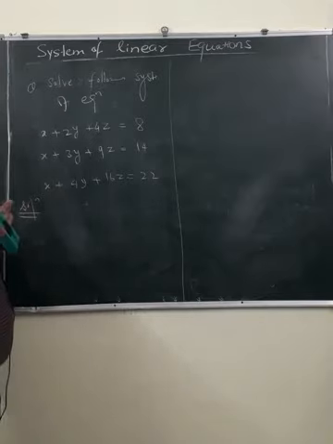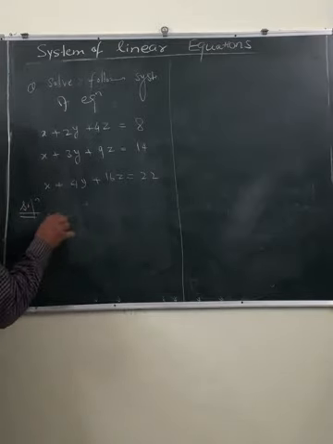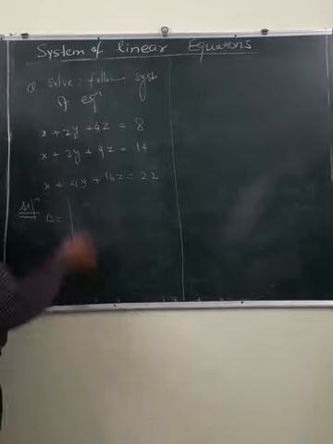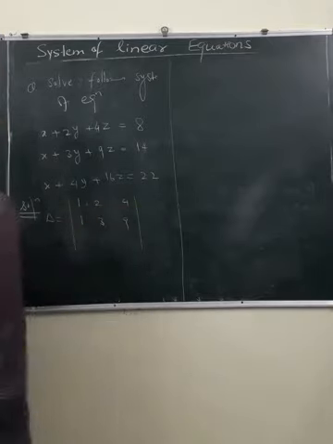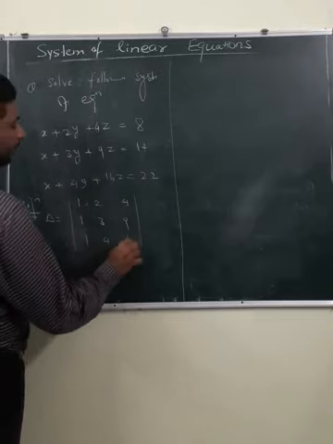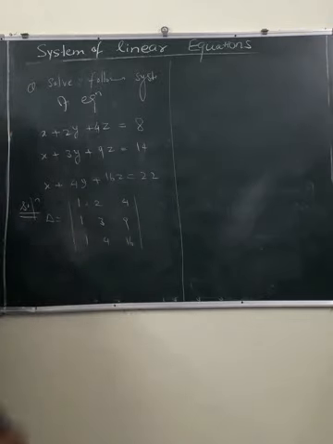What I'll do here, I will find all the deltas. Delta is how much? 1, 2, 4, 1, 3, 9, 1, 4, 16. You can calculate here. Just do the calculation, just expand, or you can make 0 also.